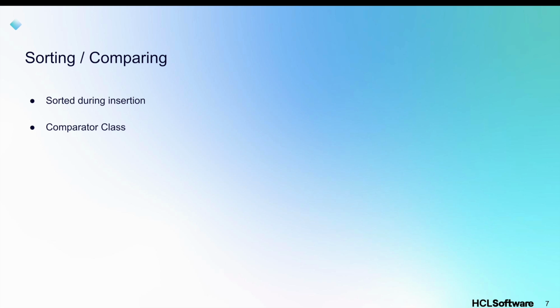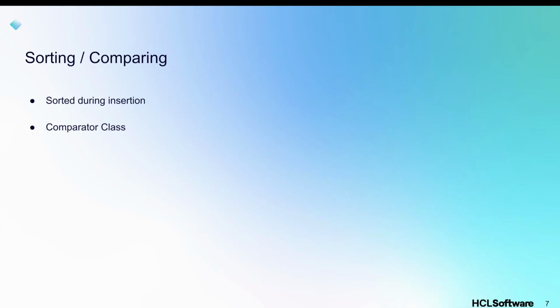Sorting and comparing. When we sort a collection, we sort it during insertion, meaning every single time you add a new element to a collection, if that collection is sorted, we sort the collection at insertion time. Why? Because you tend to ask for things from a collection more often in code than you put things into a collection.